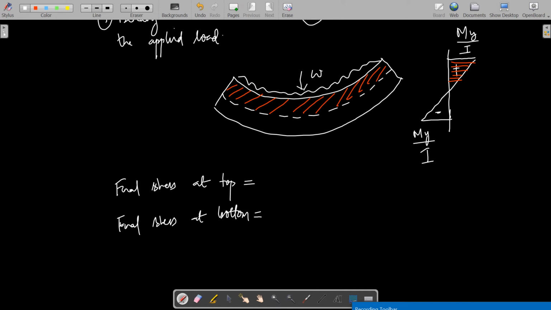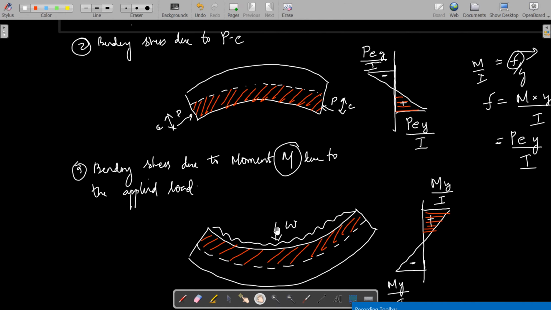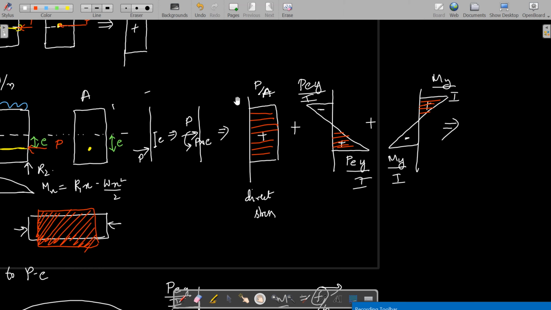Final stress at top is P by A. We are taking it as positive, plus P by A. This is negative, that is minus P into E into Y by I, plus M into Y by I. And at the bottom, that is P by A plus P into E into Y by I, plus, sorry, minus M into Y by I.